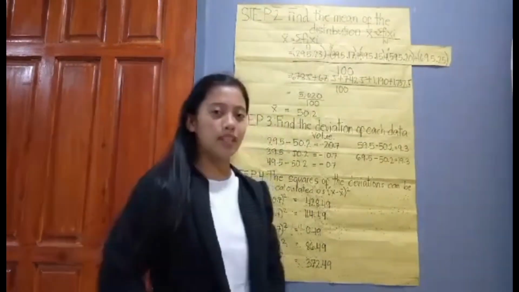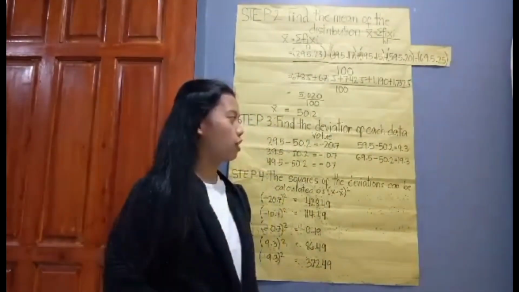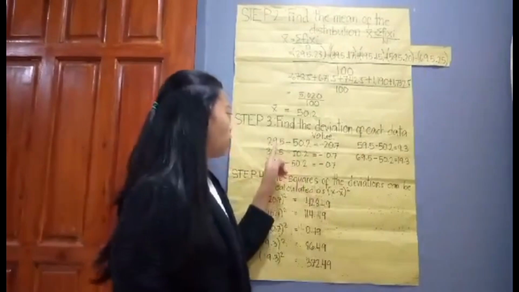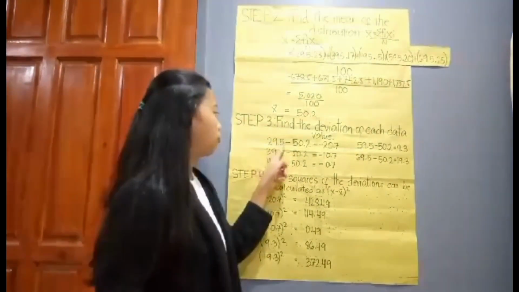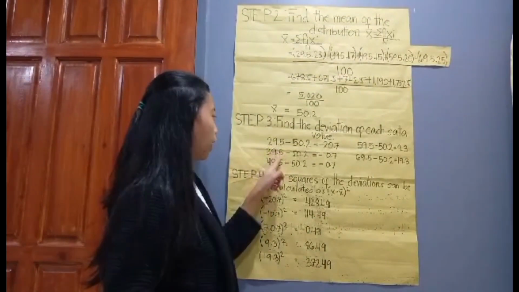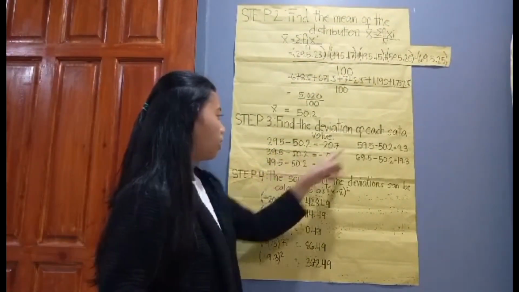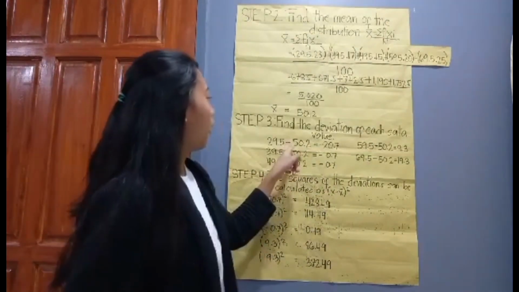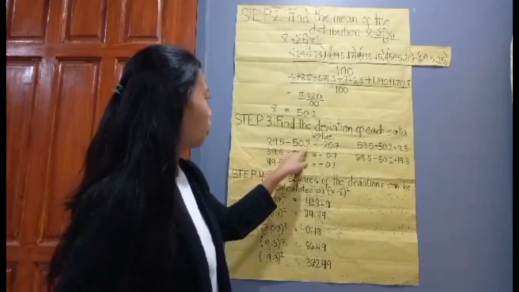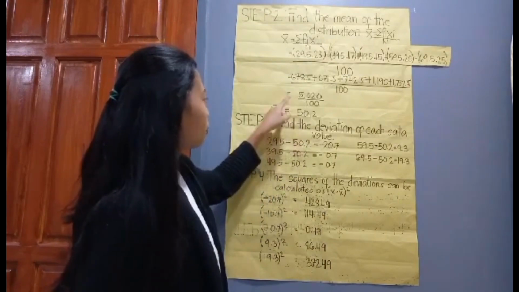Step 3, find the deviation of each data value. Here we have our midpoints, 29.5, 39.5, 49.5, 59.5, and 69.5, minus 50.2, which is our mean.